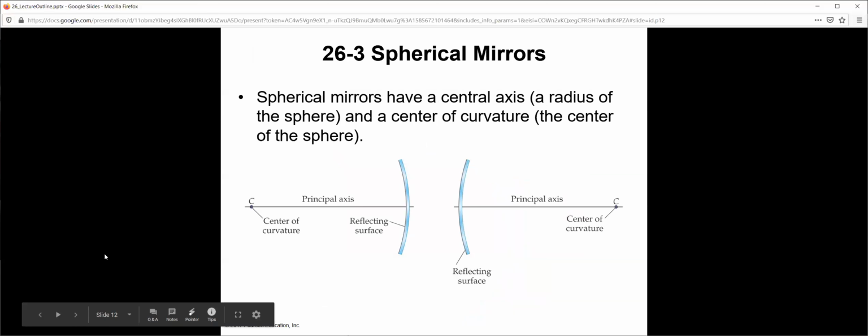All these spherical mirrors, those little sections that we talked about, have a central axis that goes along with the radius of the sphere. They also have a center of curvature pointing towards the center of the sphere. This allows us to delineate concave and convex mirrors.